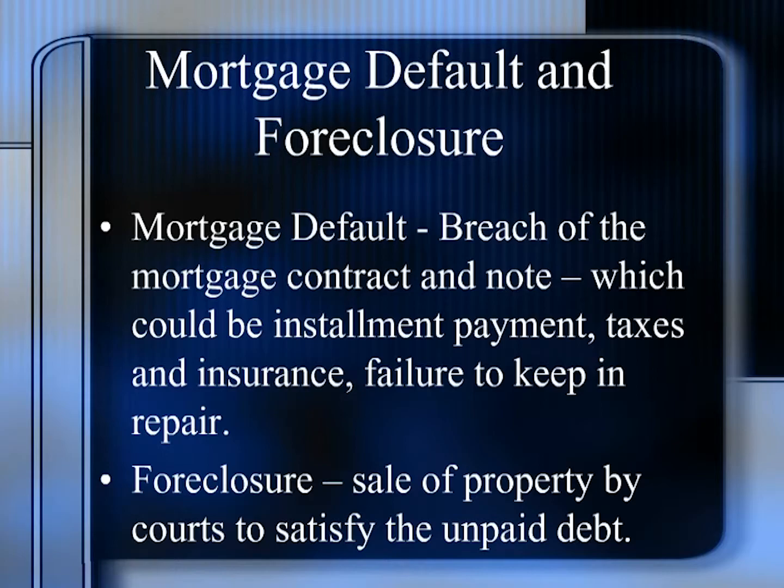A foreclosure is the actual sale of the property by the courts to satisfy an unpaid debt. Okay, so default would mean that you broke the contract, which would give the mortgagee the right to foreclose, which would be to sell your property.